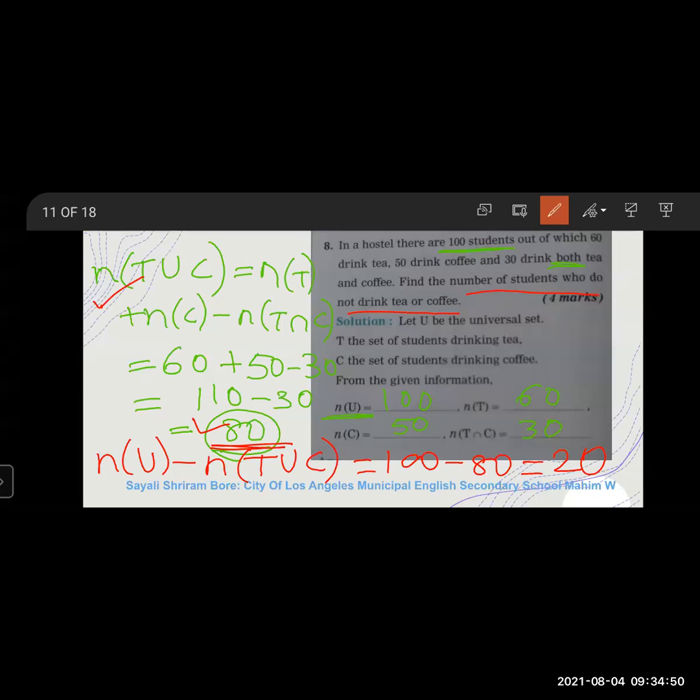So that framing you should keep in mind. Here there are 100 students, the total students. You can't consider them as the students who are drinking at least coffee or tea. So that framing or statement you have to keep in mind whenever you are writing the notation.